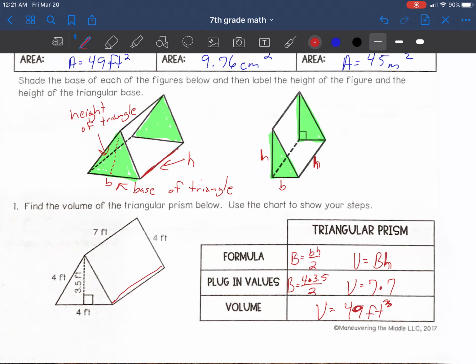Let me make that 49 a little bit better. 49 feet cubed. So remember, when we're doing the volume of a triangular prism, we first get the area of the triangle. Then we multiply that times the height of my prism, which is the distance between both triangles.